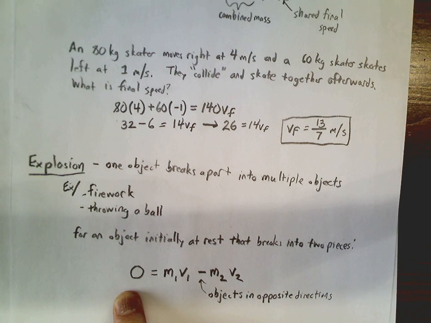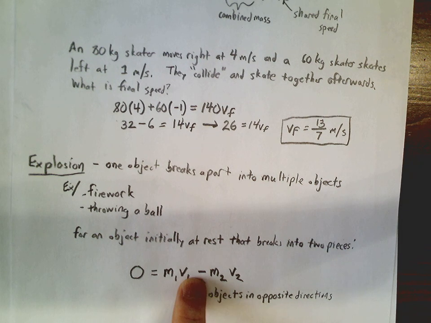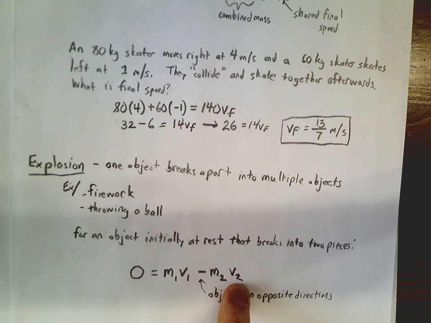You start out with absolutely no momentum, but then all of a sudden things are moving. Those things have momentum. But for momentum to be conserved, I need the object going to the right exactly to cancel out with the object going to the left. If I have a really heavy object going to the right, that means that the lighter object going to the left needs to be moving proportionally faster to make that happen.